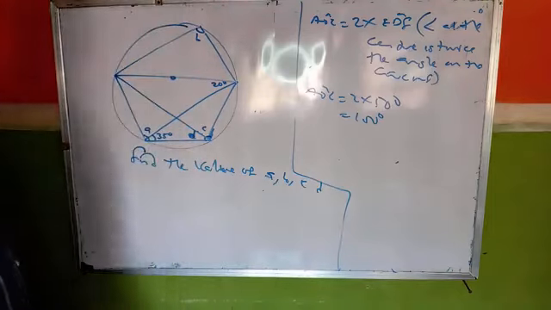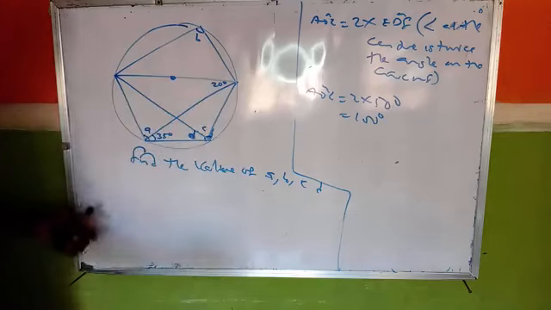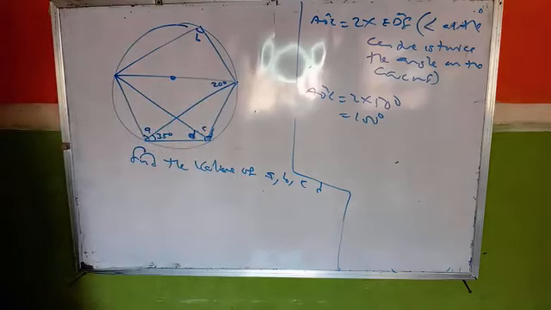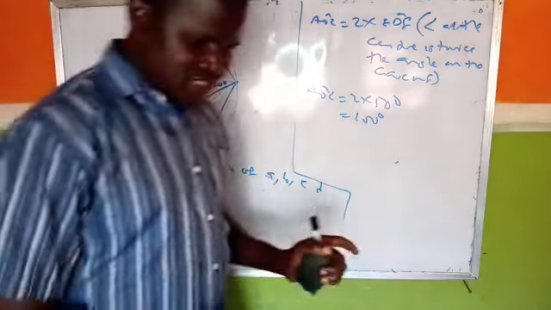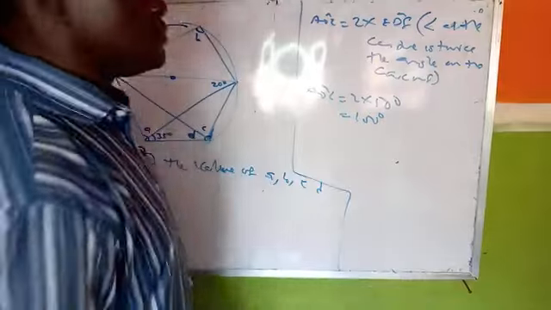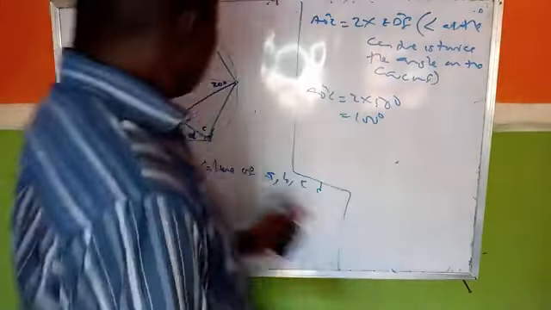Here you are asked to find the value of angle ABCD given this information. Now how? So you start from A. The first thing you are going to look at is your field. What are you seeing? It is what you are seeing that you are going to answer.